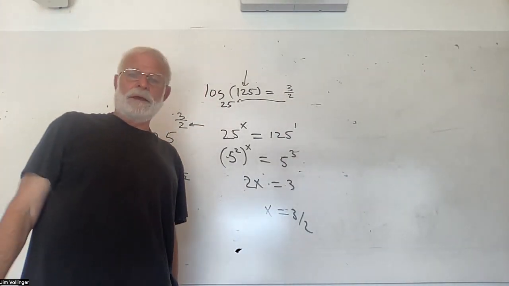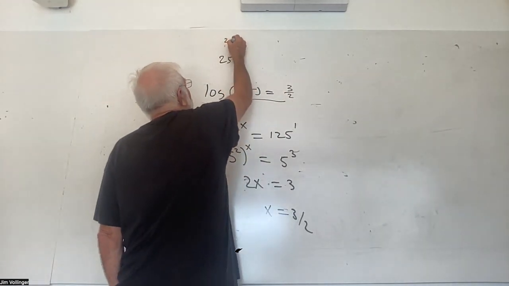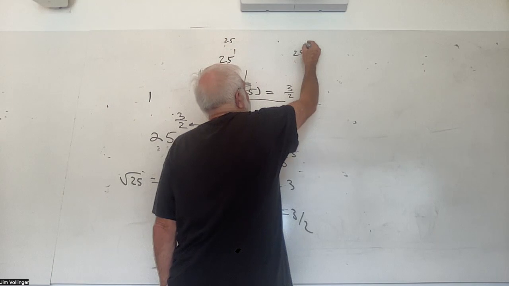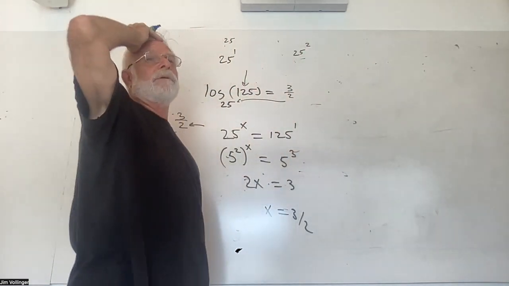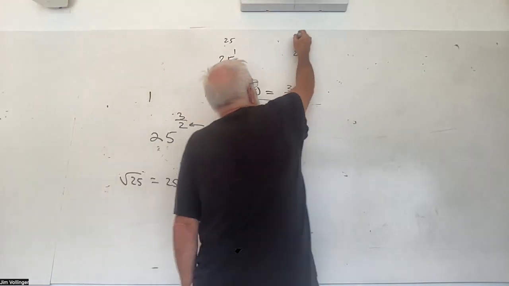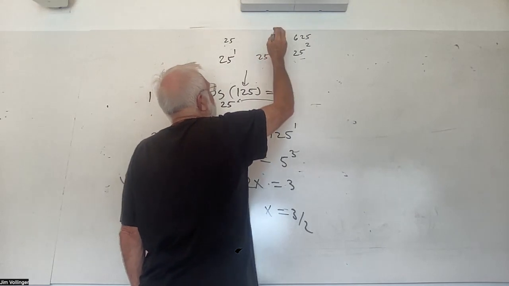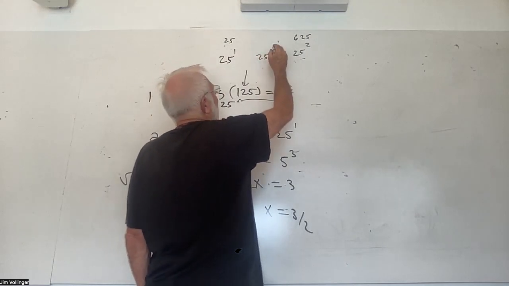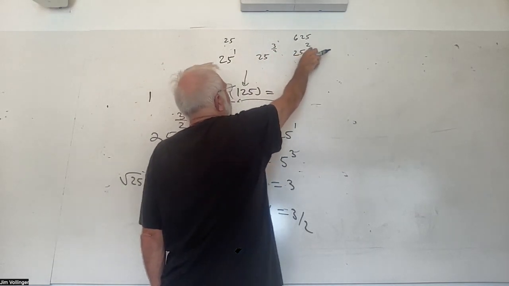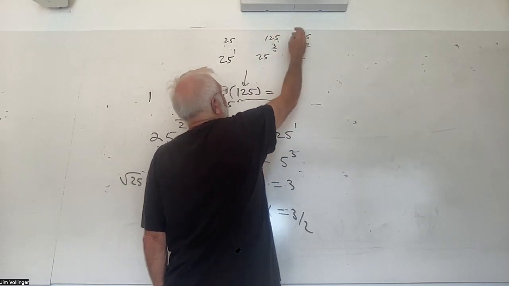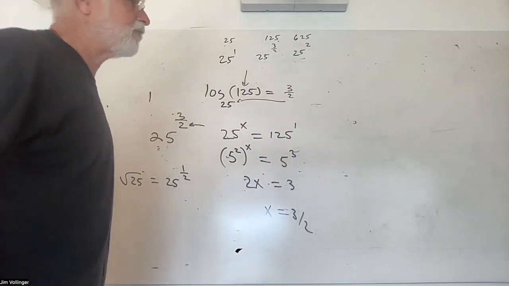Okay. 25 to the 1 is 25. 25 to the 2 is 4 quarters makes $1, all right, so that's $6.25. So 625. Does it make sense that 25 to the 3/2, which is 1.5, in between these, might give me a number between these? Yeah, hopefully you're making that connection too.